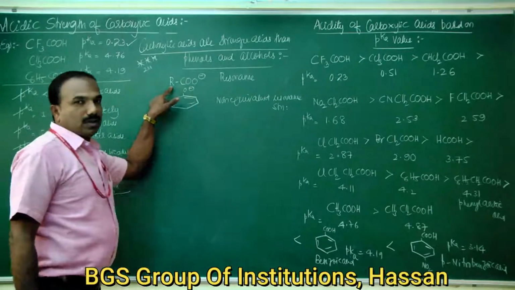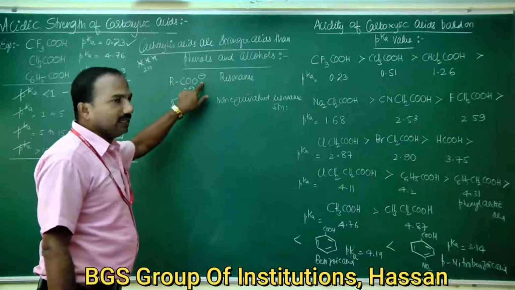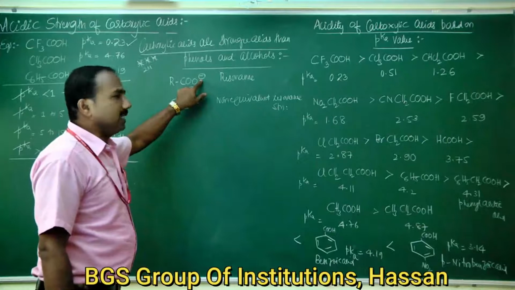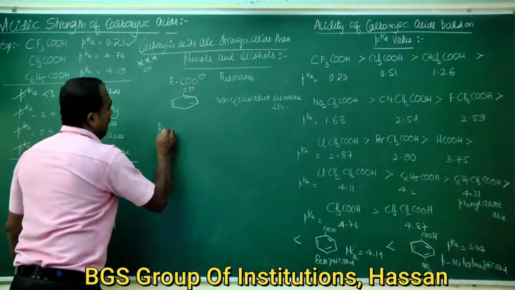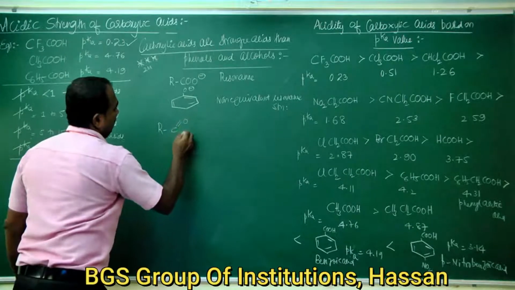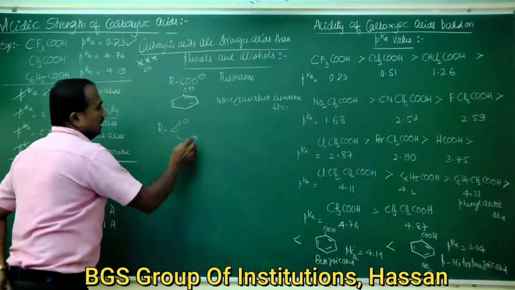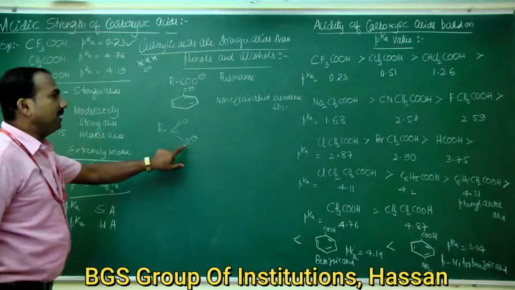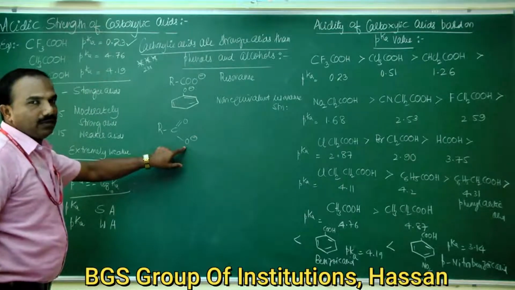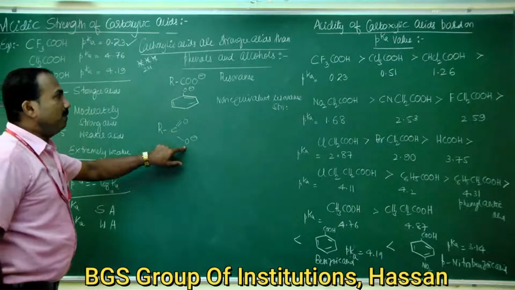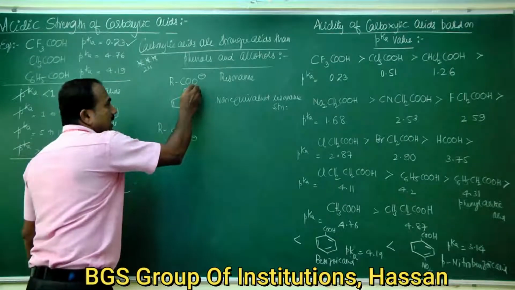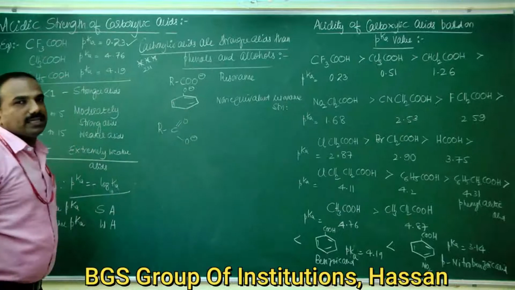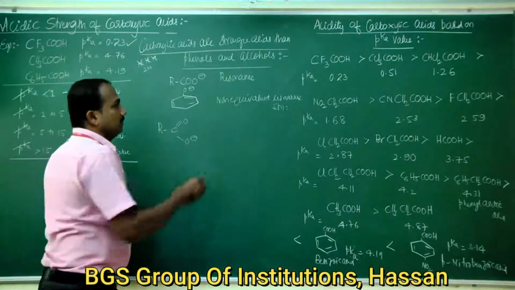In carboxylic acid, the negative charge is present at the more electronegative oxygen atom. But in phenol, the negative charge is present at the less electronegative carbon atom.